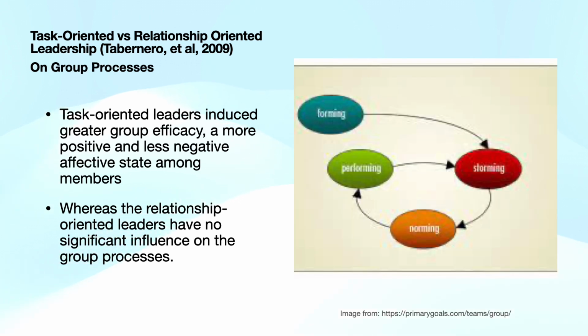Next is the effects on the group processes, where they found that task oriented leaders induced greater group efficacy, a more positive and less negative affective state among the members. Compared to a relationship oriented leader, there was no significant influence on the group processes.